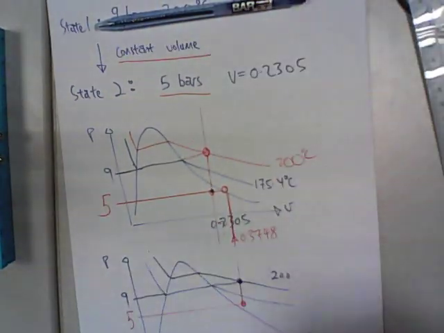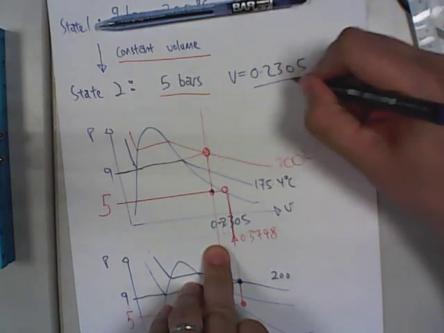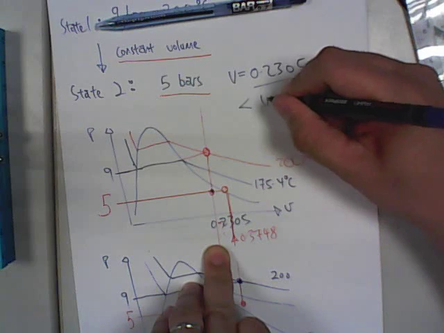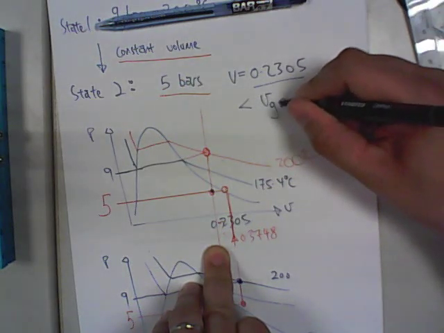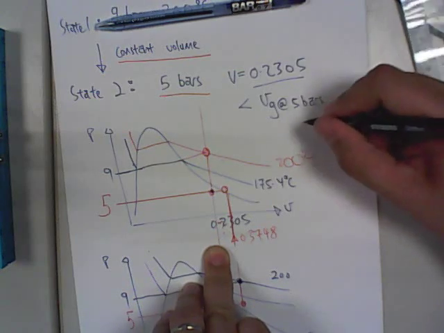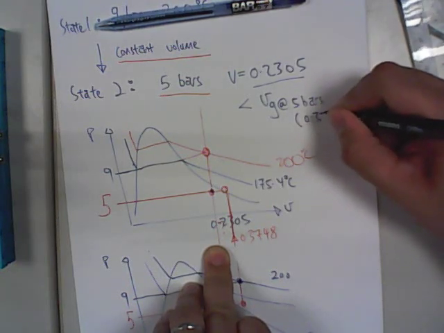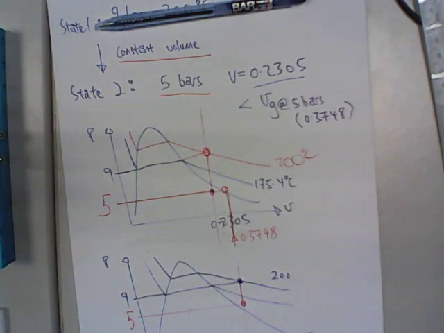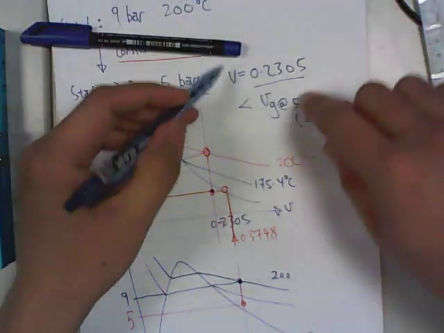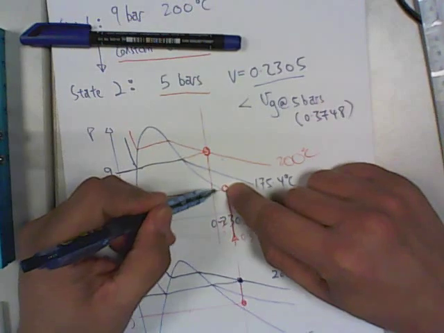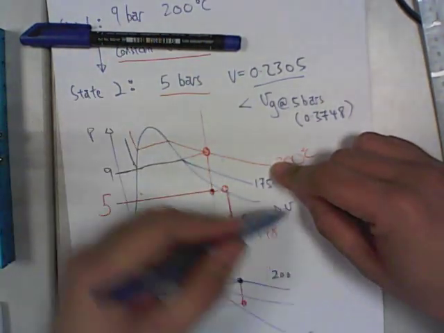So what I'm trying to say here is that you will find out that the volume at this state is less than the Vg at 5 bar, which is 0.3748. So it means that the state has a volume that is less than this g line.